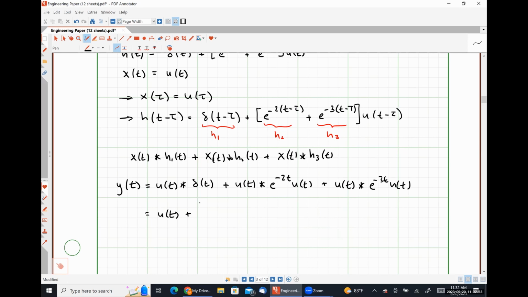Now I'm going to have my integral from 0 to t.